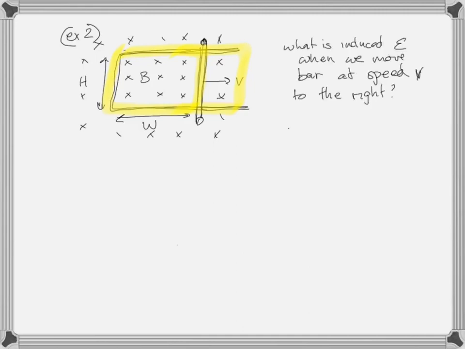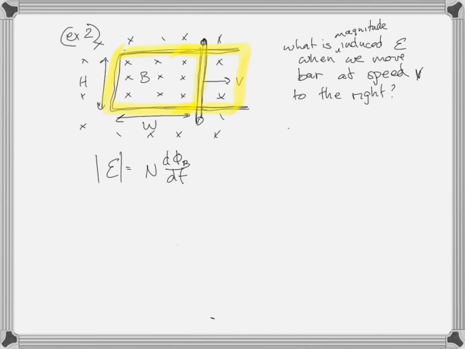So we're going to use Faraday's law, right? So Faraday's law says the induced EMF. And again, the direction doesn't really matter. If we want to know the current, the direction matters. But for the induced EMF, let's just ask, what is the magnitude of the induced EMF? So the induced EMF is minus N d phi dt, but we'll just get rid of the minus sign.